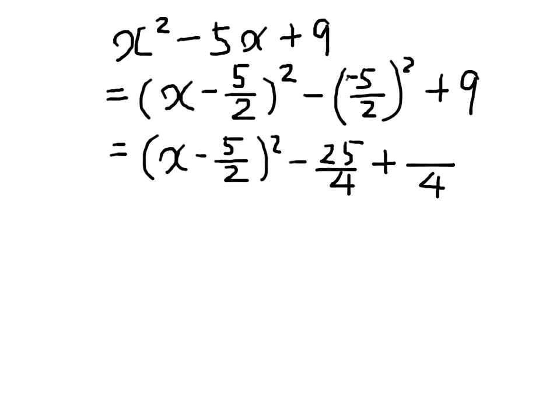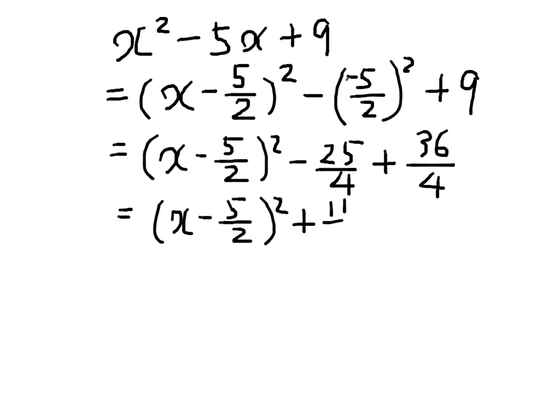So 4 times 9, 36 over 4. My next line will go x minus 5 over 2 squared, and all you have to do is deal with this part. Minus 25 plus 36, so you will have plus 11 over 4. And that is your final answer.